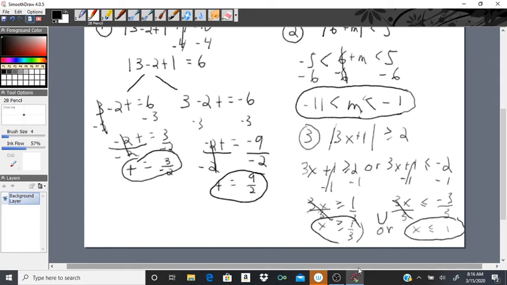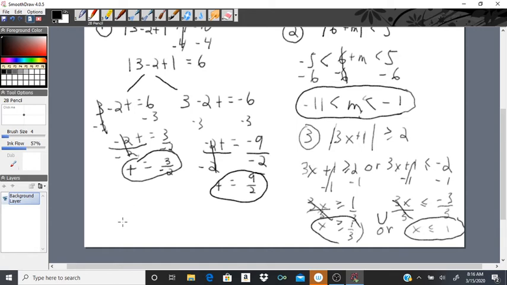Both are good. This is the way you might see it on an answer sheet, with that or sign: x is greater or equal to 1/3 or x is less than or equal to 1.